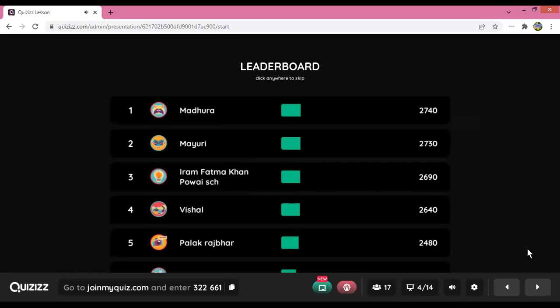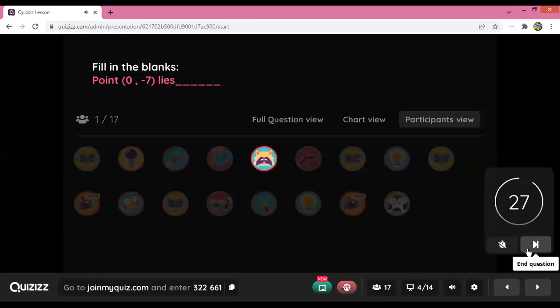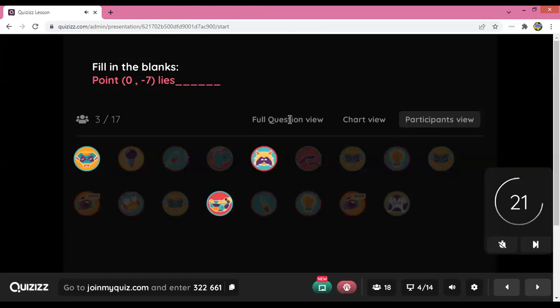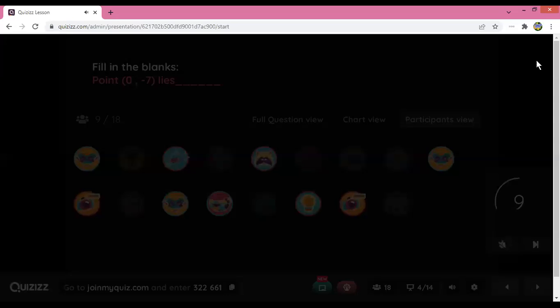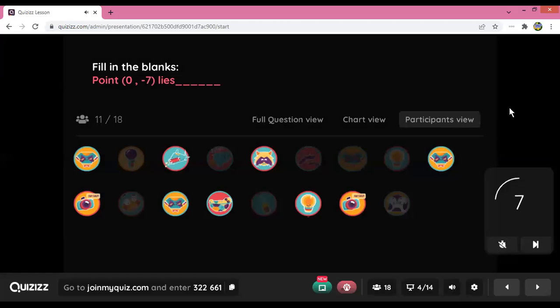Fill in the blanks. The given point (0, -7) lies on the x-axis, or in the second quadrant, or on the y-axis, or in the fourth quadrant. Where does this point lie? The x is 0 and y is -7. Whatever is 0, forget it. Please give 5 more seconds.